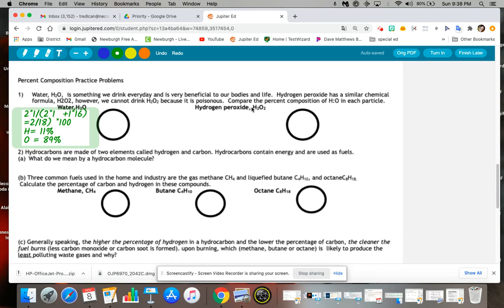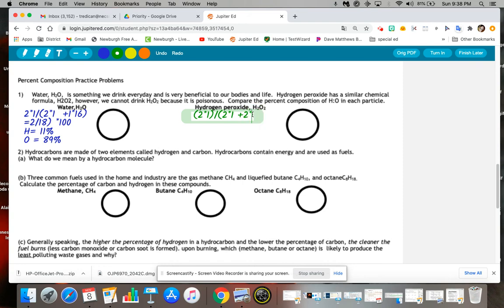Let's compare that to hydrogen peroxide. Okay, so I'm going to get a different color just to differentiate. There we go. So we know that hydrogen is already worth 1. There are 2 of them. But hydrogen peroxide has 2 of those and 2 oxygens.